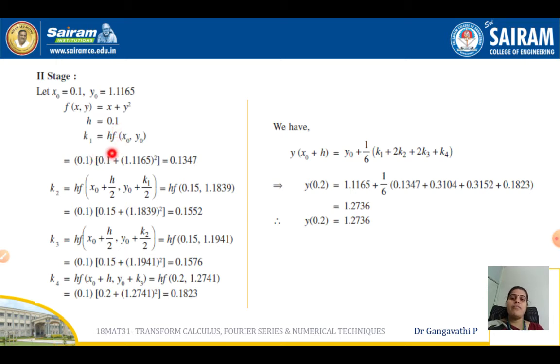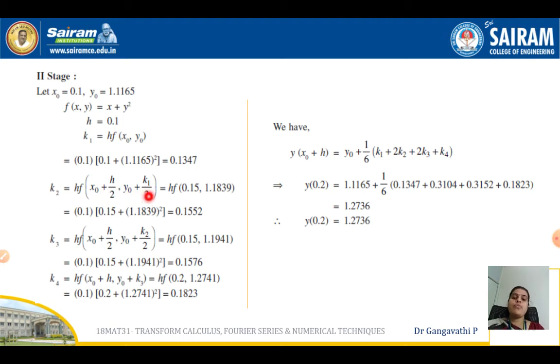So write down the k1 formula, which is h into f of x naught, y naught. Substitute the values and simplify, you get 0.1347. And k2 is h into f of x naught plus h by 2, y naught plus k1 by 2. As done in stage 1, in the same way x should be replaced by this and y should be replaced by this.